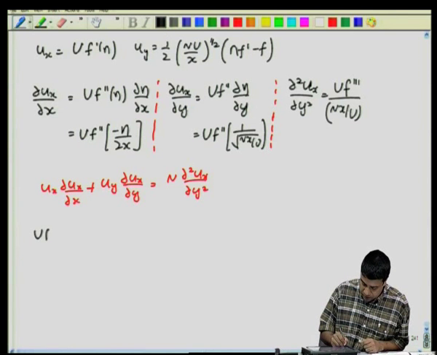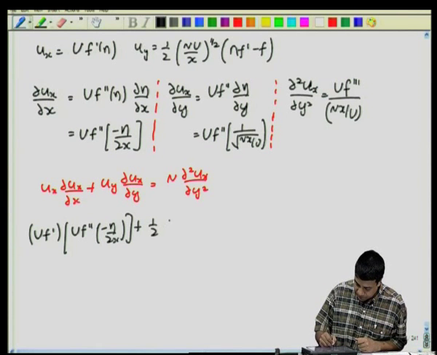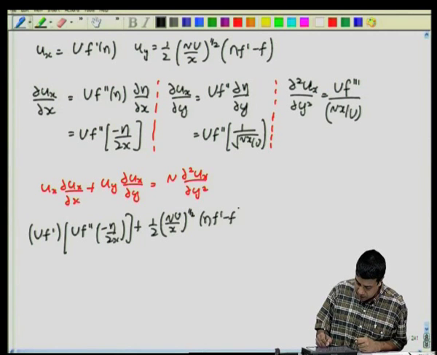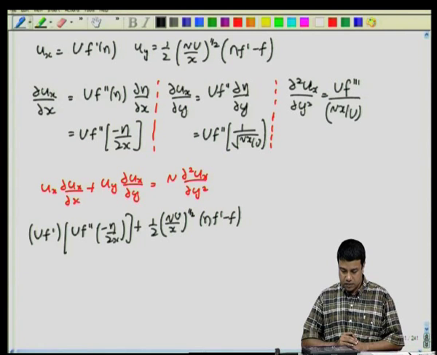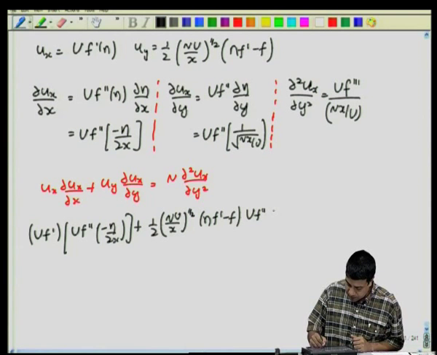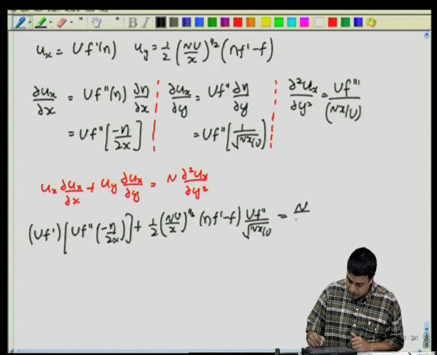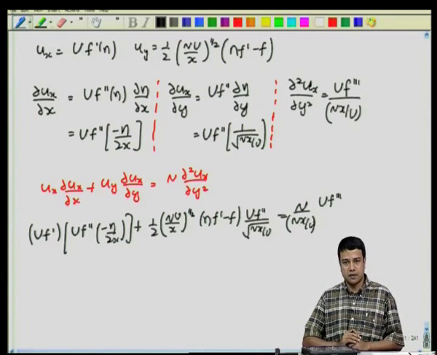So, this becomes U f prime into U f double prime into minus eta by 2x, plus u y, which was half root of nu U by x into eta f prime minus f, times partial u x by partial y, which was equal to U f double prime by root of nu x by U. And on the right hand side, I have the kinematic viscosity nu times U f triple prime by nu x by U.